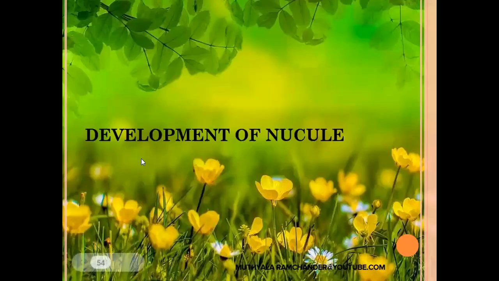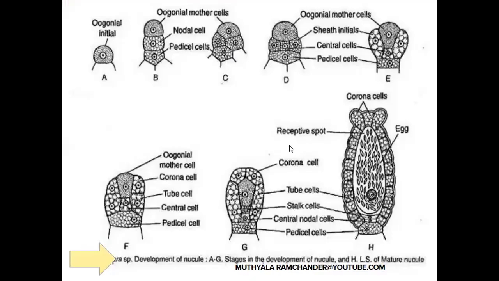The next point is development of nucule. Nucule is the female reproductive organ of the Chara. It is developed at the node area above the globule initial cell.